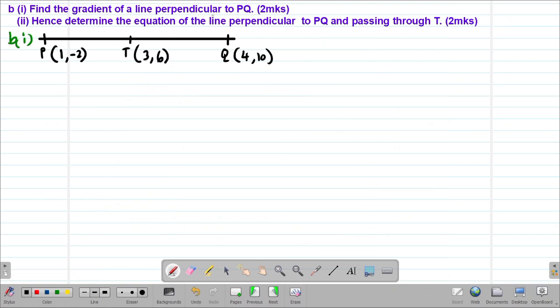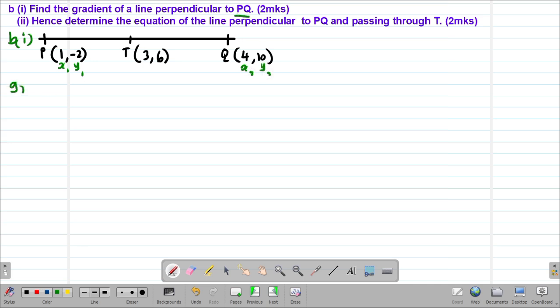Now they want us to find the gradient of the line PQ. Now we know that for us to get the gradient, we'll need the change in y over change in x. So I'll let this be my x1, then this be y1, then of course this be x2, then y2, because they want the gradient of PQ.